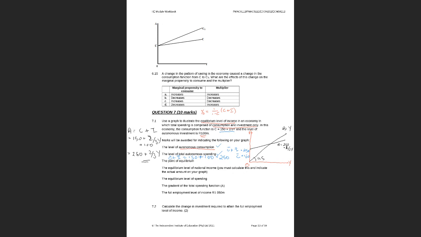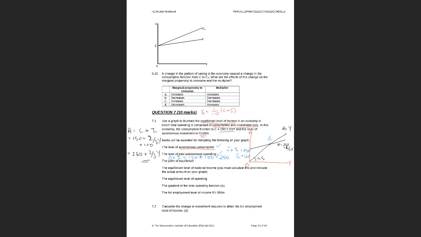You say C? Not necessarily. Our equilibrium point, sorry, our equilibrium point. 100%. It's where the two lines intercept, right here, E1.